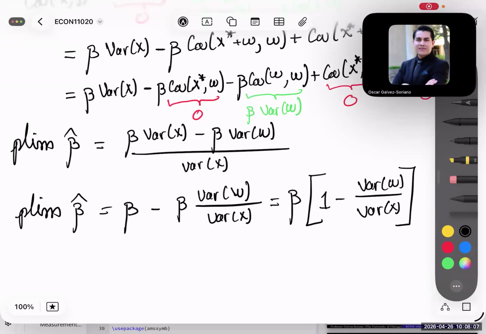But the thing is that we know that the denominator is the sum of two elements because x is measured with error.